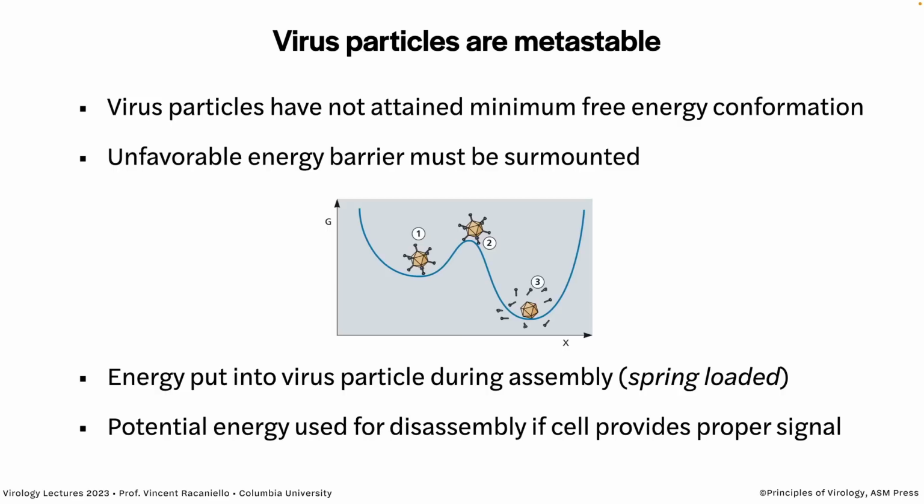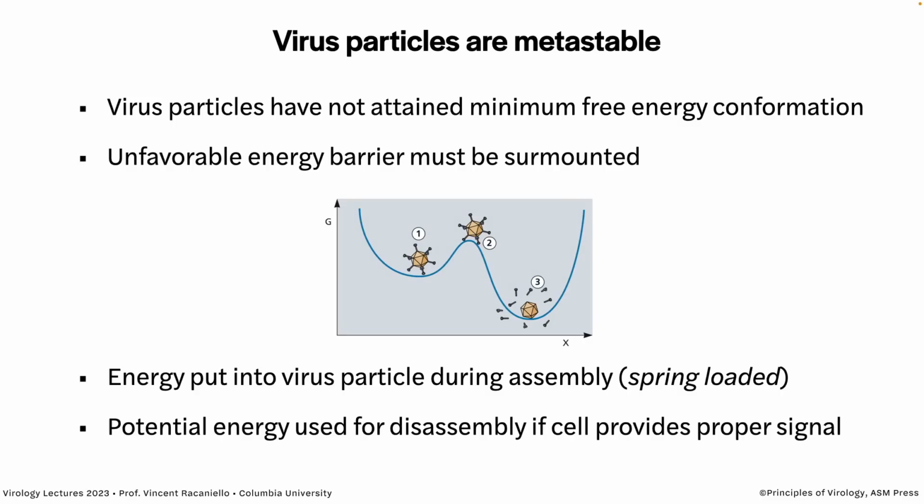To get there, there's an energy barrier that has to be surmounted. So the virus exists in a stable conformation, number one. To get to 3, it has to go over this energy barrier. And the barrier is there so that virus particles don't just come apart on their own when they're floating around in the extracellular environment. Something has to trigger that to get to state number 3.